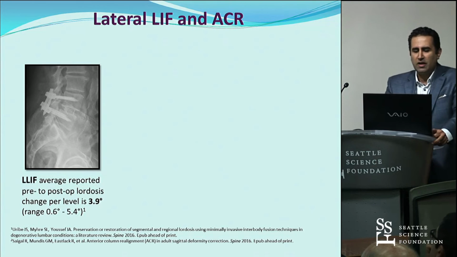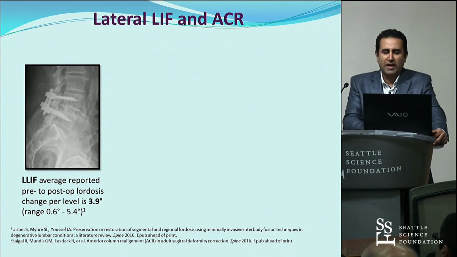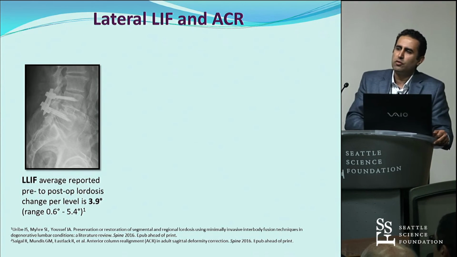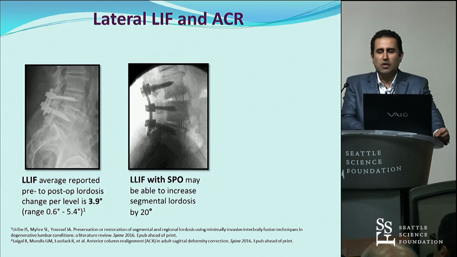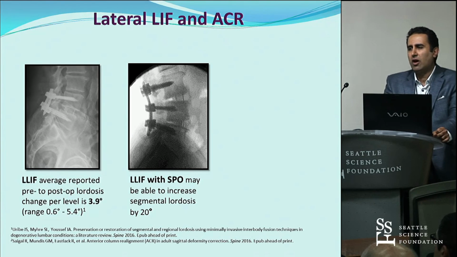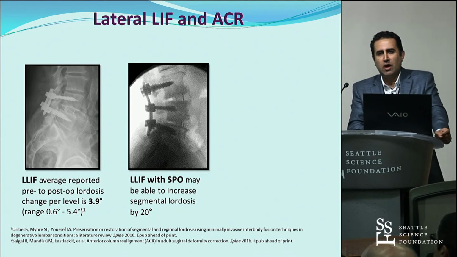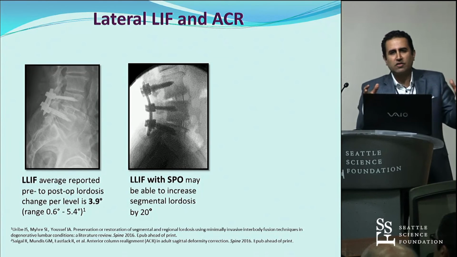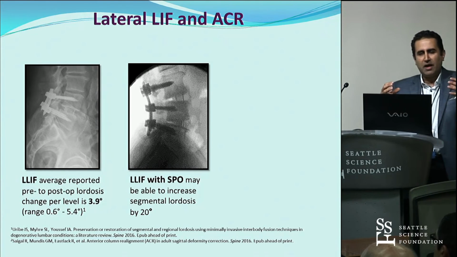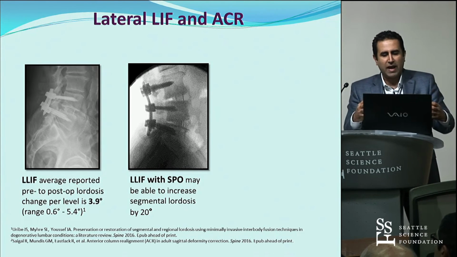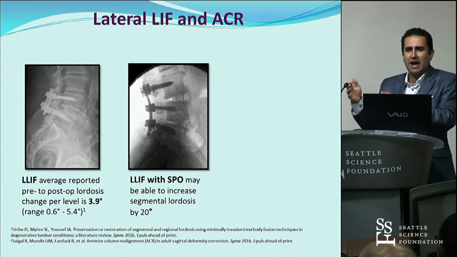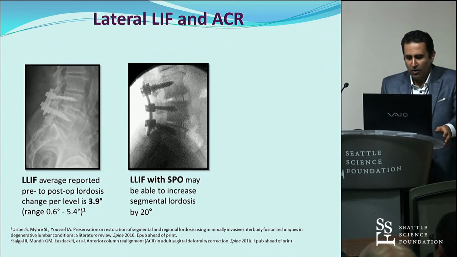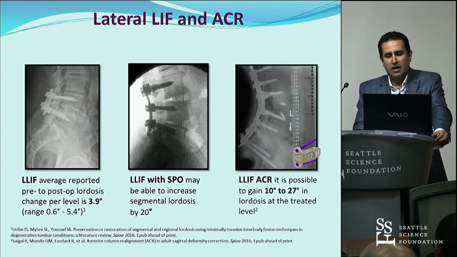So what about the ACR? By itself, like I said, there is some minimal improvement in lordosis, maybe about 4 to 5 degrees of improvement. If you combine that with your posterior column osteotomy, where you are able to remove the facet joints completely and then compress, that is a dramatic impact, particularly if you've placed your cage in an advantageous position, and we're going to talk about that in the next session.